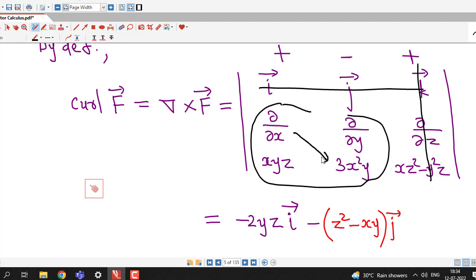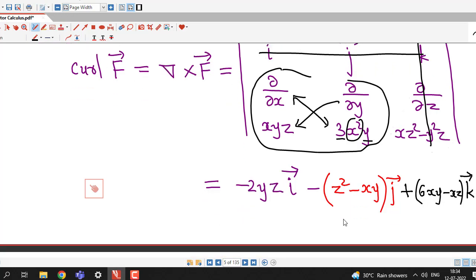So partial derivative of 3x square y with respect to x, 3y is constant, derivative of x square is 2x, and 2 into 3 is 6, so we have 6 times x into y, minus partial derivative of xyz with respect to y, and it is x into z constant, derivative of y is 1, into k bar. So this is the curl of given vector field.